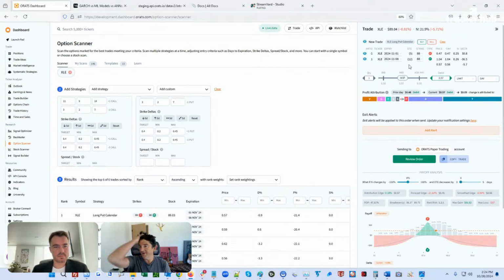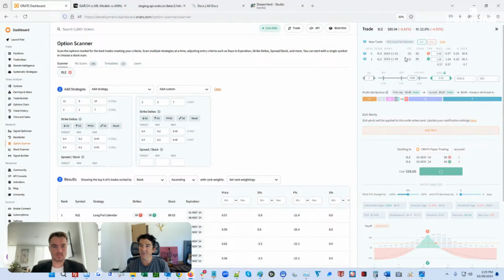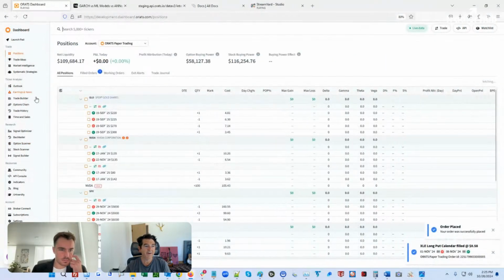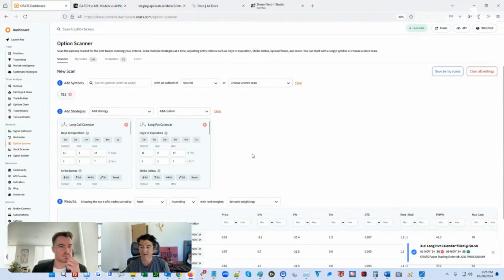So we'll be left with a strangle that's not that expensive, and we'll obviously be hoping for the stock to move. So we're going to put this on. We'll give them a penny there because it's very tight, which is nice. We'll force that. And then, so that's the put side. We'll also do the call side. And let's go back to the scanner.